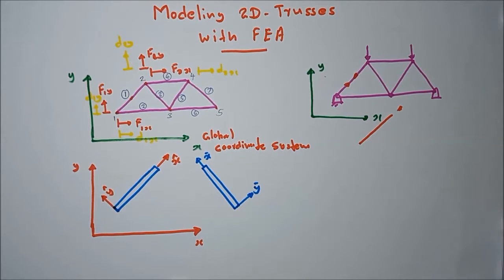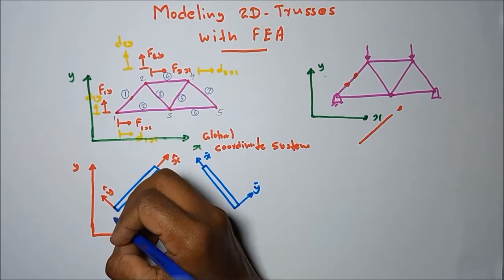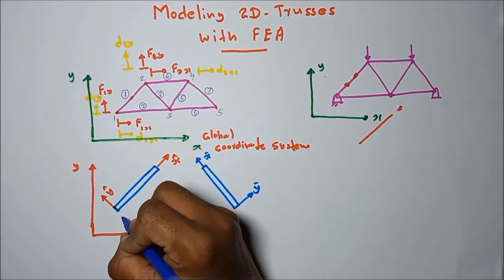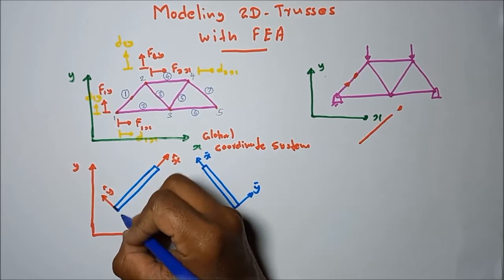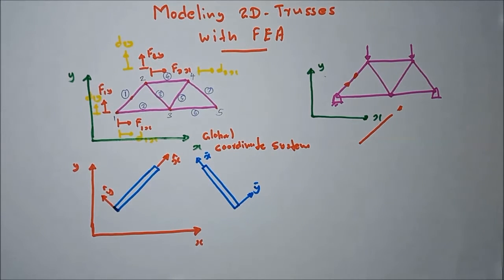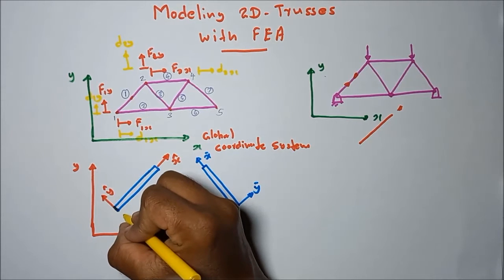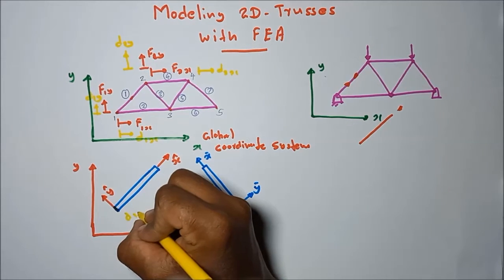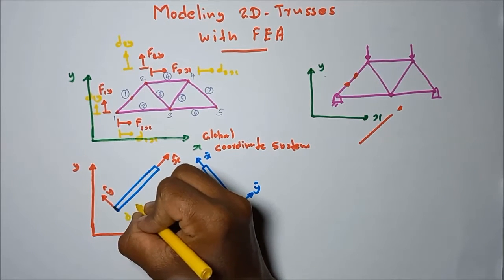Okay, according to this local coordinate system, I am going to mark the displacements and the local forces. Local displacements, node 1. Along the x direction, displacement of node 1, d1 x hat.